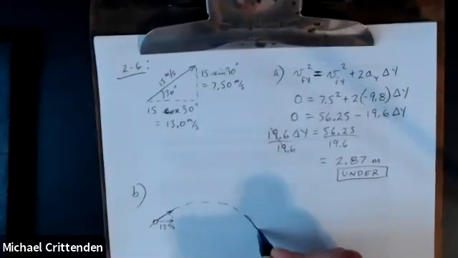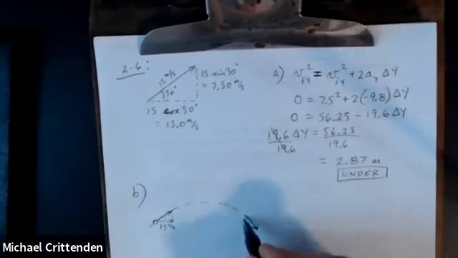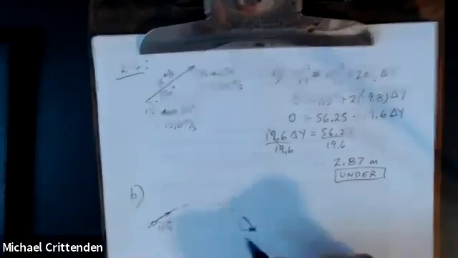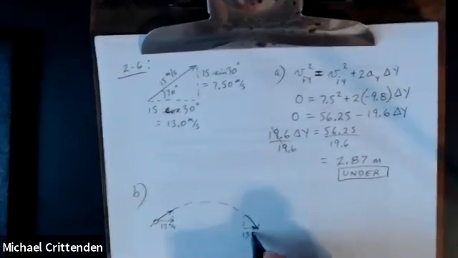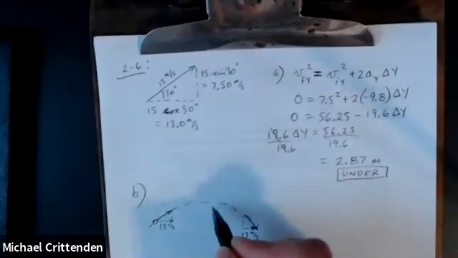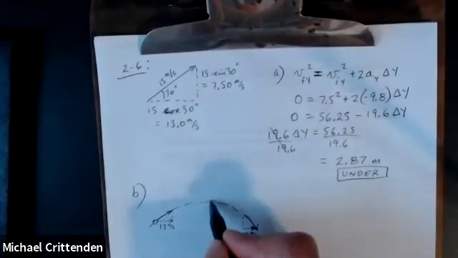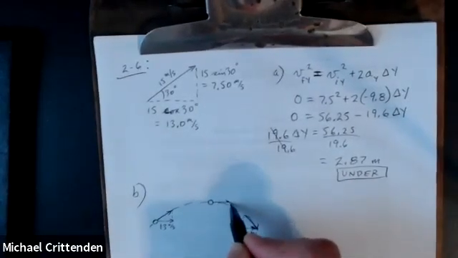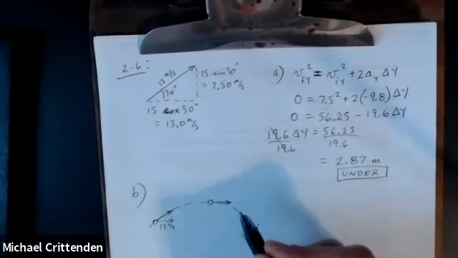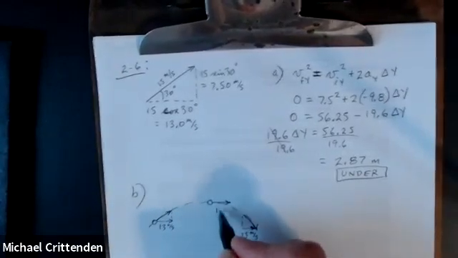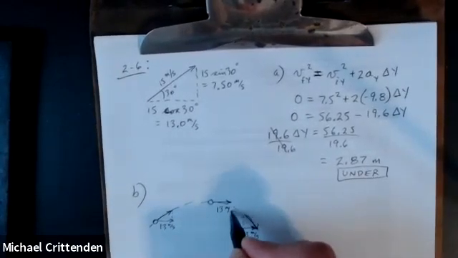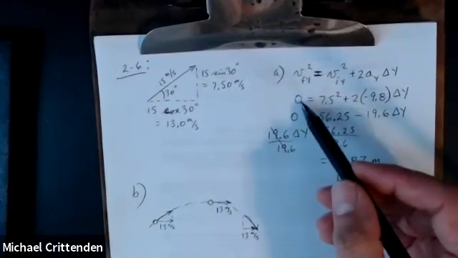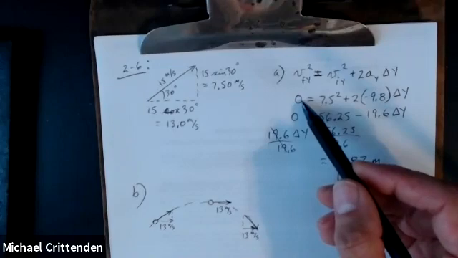And for that matter, over here on the way down, it has some velocity whose x component is 13 meters per second. And when it's right here at the top, where its velocity is exactly horizontal, it has an x component which is 13 meters per second. But at that moment, it has no y component at all.